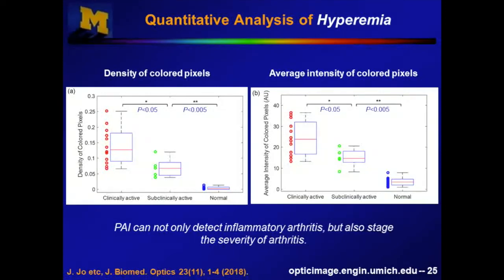By performing a t-test, we are able to differentiate any two of the groups easily, and by using another parameter, we can also differentiate the three groups. This tells you that photoacoustic imaging does not just detect arthritis, but more importantly, can quantitatively evaluate arthritis.